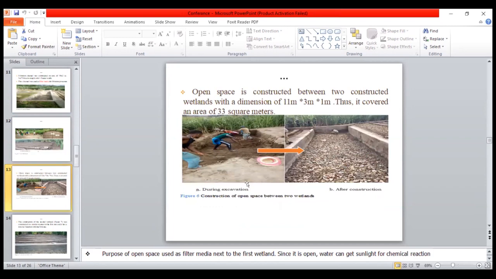This is useful for filter media, and half of the open space is filled with gravel of different sizes.